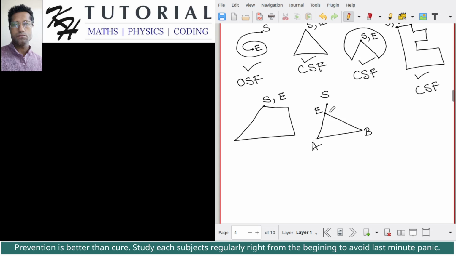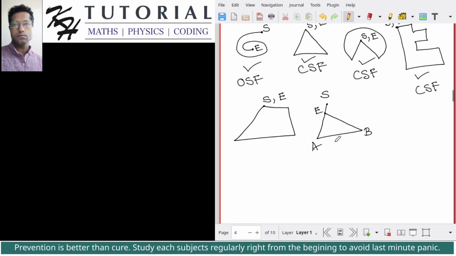Let's say this point is A and this point is B. First I draw the line segment SA, then AB, and then BE. But when I was drawing BE, E, the end point of the figure, intersected the line SA, which was already drawn.